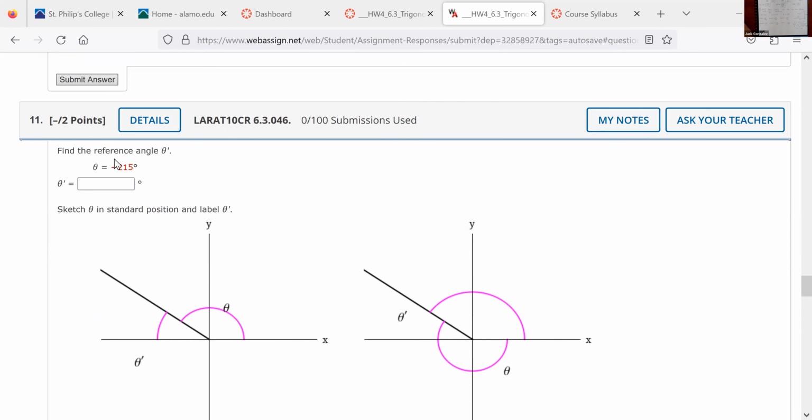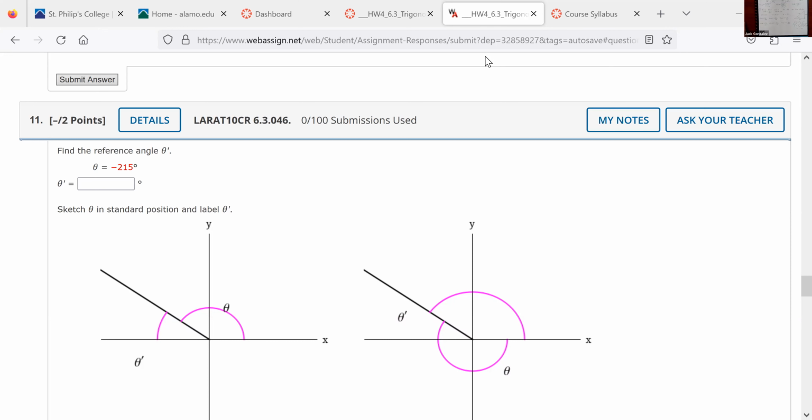So 11 is something new. Find the reference angle theta prime. I'm sorry, find the reference angle. So they're calling the reference angle theta prime right here. Excuse me.